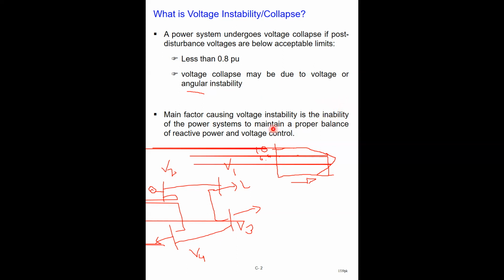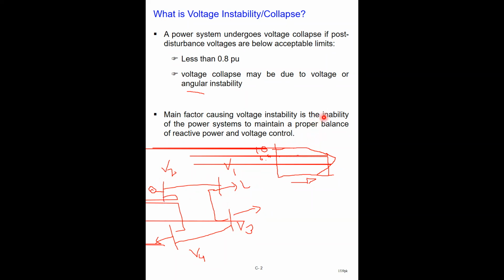if you are not able to maintain a balance between the reactive power in your power network, and thereby if you are not able to control the voltage at the bus. So it is important that you maintain a reactive power balance in your complete grid network, and thereby achieve voltage regulation at every bus.